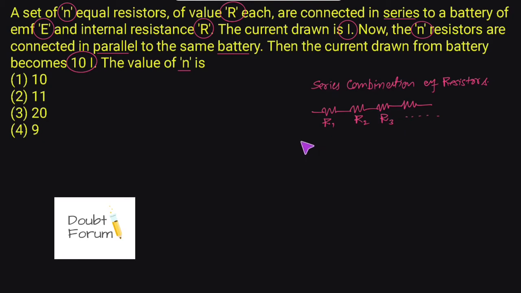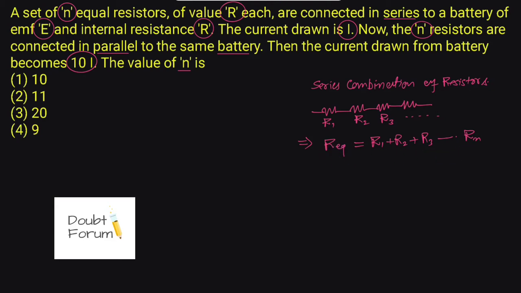If we have to find the equivalent, R equivalent will be equal to the sum of individual resistors connected in series. So R equivalent would be R1 plus R2 plus R3 up to Rn. This is one way we can represent the R equivalent.